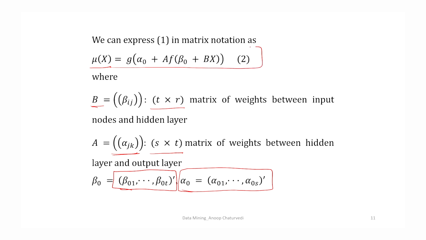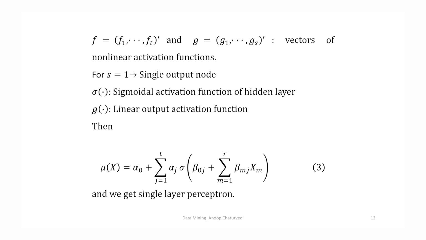So, you can write mu x in this form. Again, this f is T cross 1 vector of nonlinear activation functions corresponding to the hidden layer, and G is S cross 1 vector of nonlinear activation functions corresponding to the output layer.